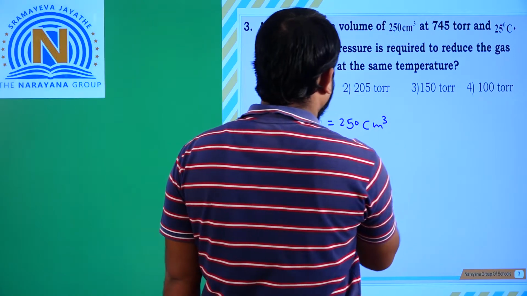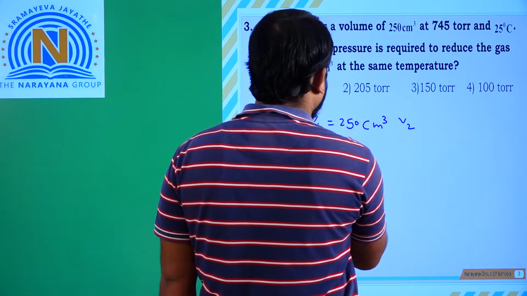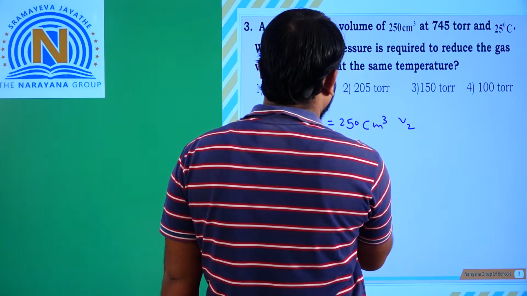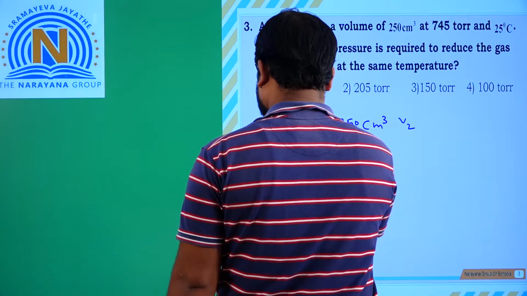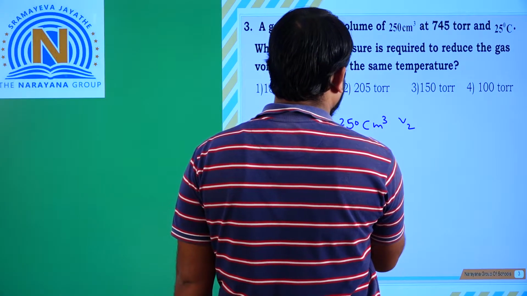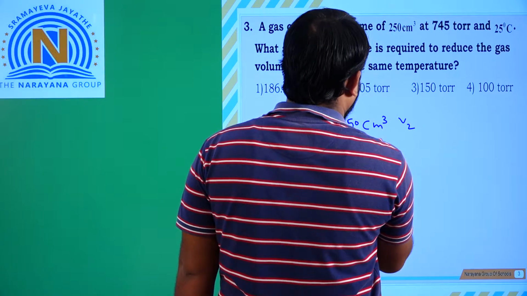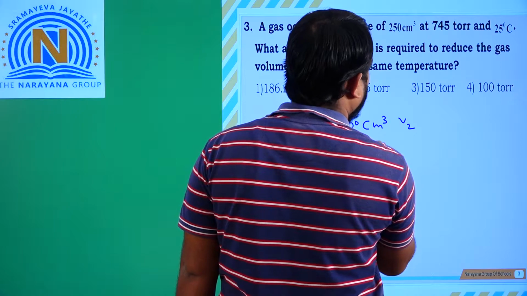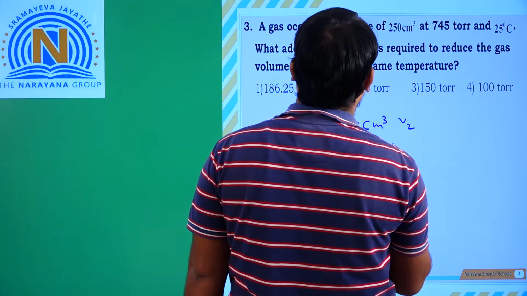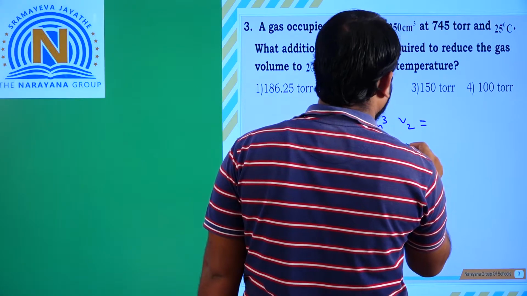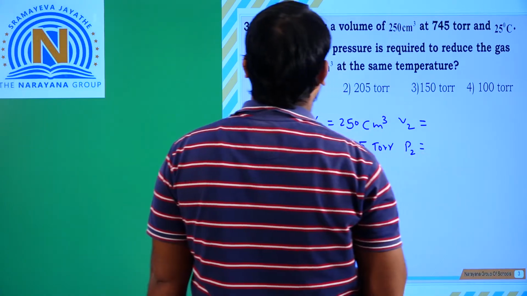Suppose V1 is 250 cm³, P1 is 745 torr, at 25 degrees centigrade.